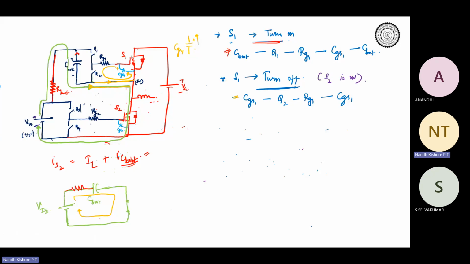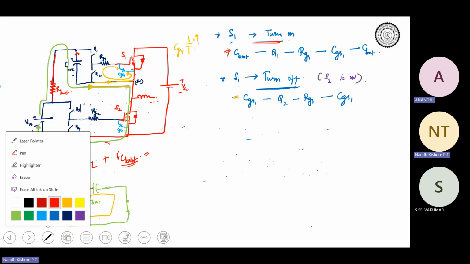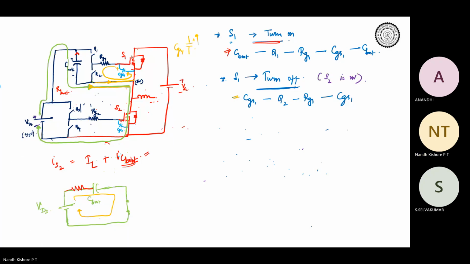So what will you do to prevent backflow? What element should you add? A diode. Apart from the resistor, you will add a diode like this. It will allow only charging up of C boot. I don't want C boot to discharge in this direction.